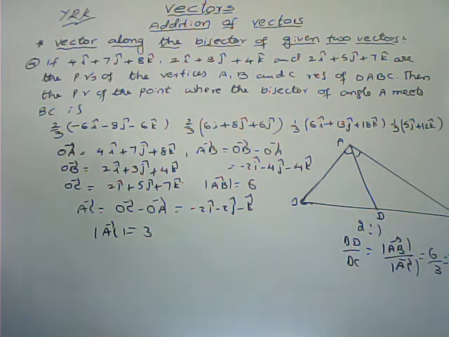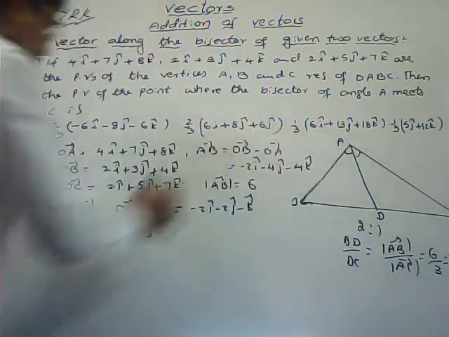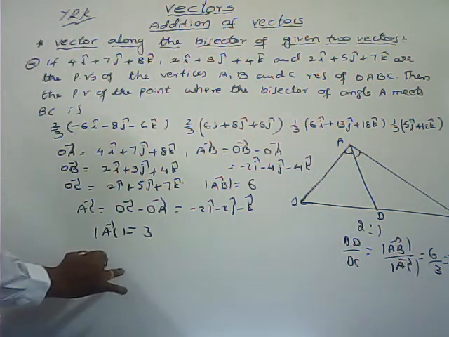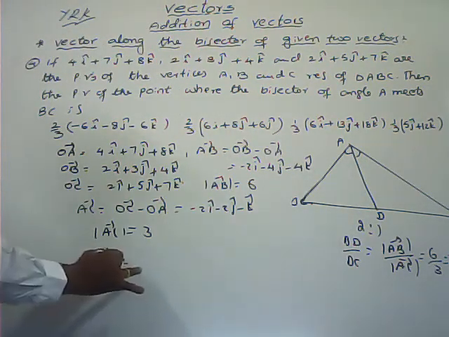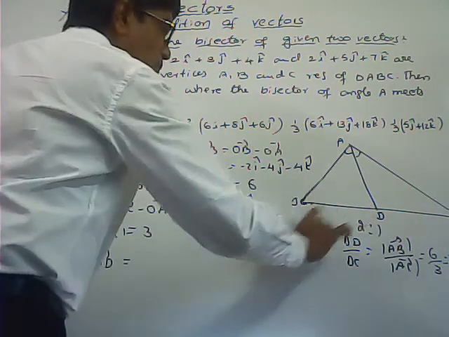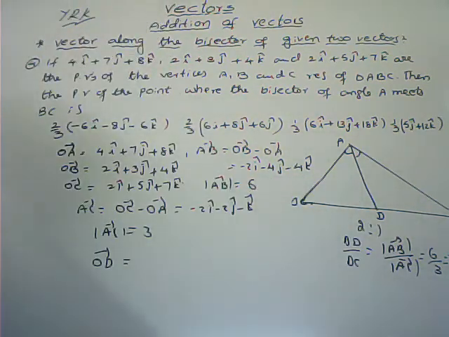Then the coordinates of D. The position vector of D with respect to origin, OD bar, that is equal to, here D divides BC in the ratio 2:1 internally.